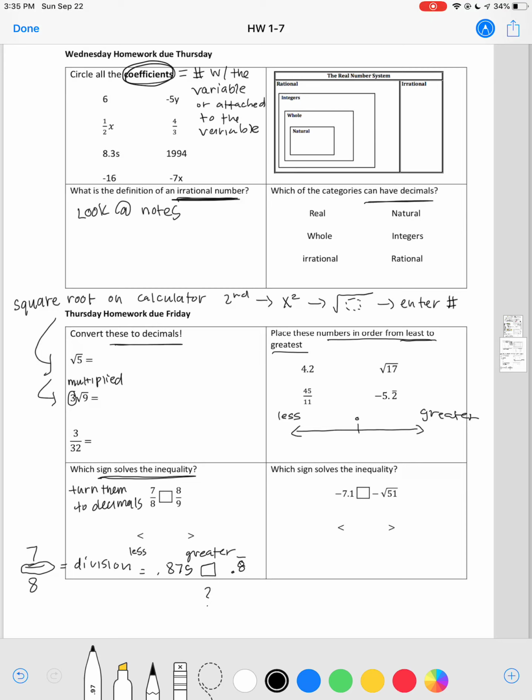And the same thing here, which sign solves the inequality? So this one or this one, we can turn these into decimals. There's a lot of new words, but make sure that you are trying your best to look at these videos, and I hope that they are helpful.